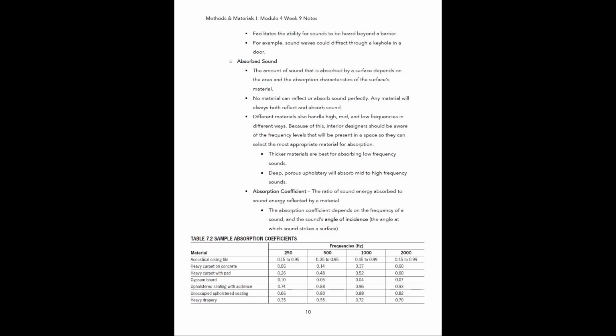And the same goes for something highly absorptive, like upholstery or carpeting. Any sound hitting that is going to be absorbed a lot more than by something very hard, but it's still going to bounce some sound around in the space. Neither can be perfectly reflective or absorptive.